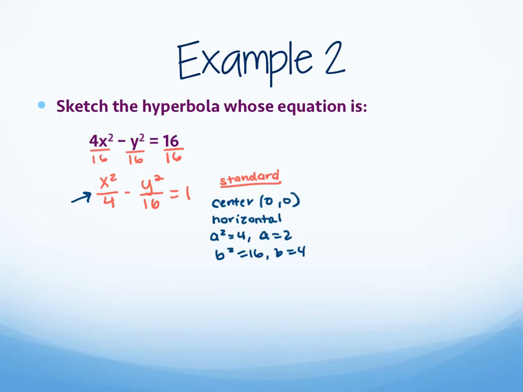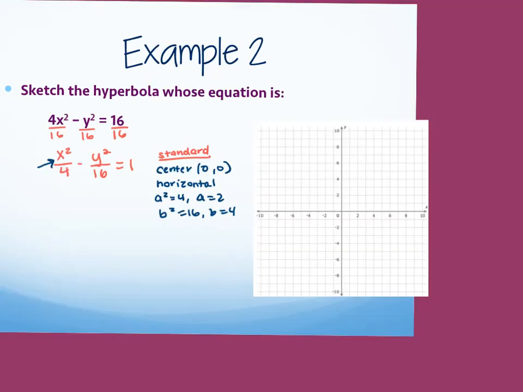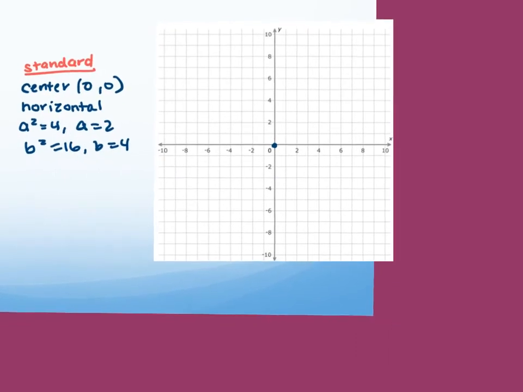I'm going to pull in a coordinate grid again. I'm going to graph my center at 0, 0. Because it's horizontal, I'm going right and left the a. So I'm going right 2 and left 2, and those are my vertices. Then my b is 4, so I'm going to go up 4 and down 4, and those are my co-vertices.